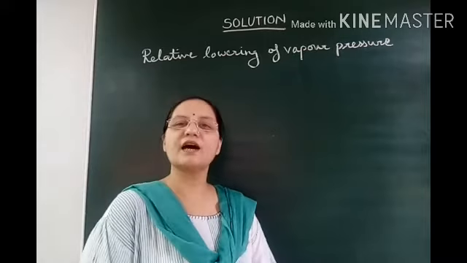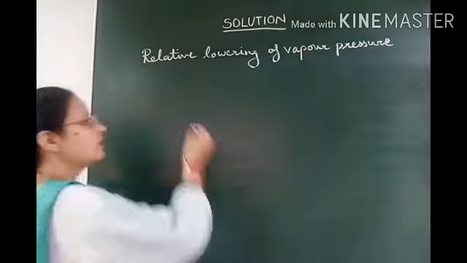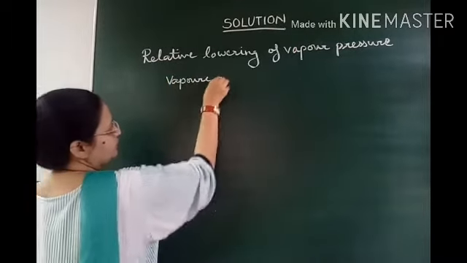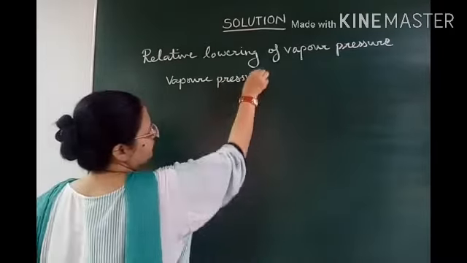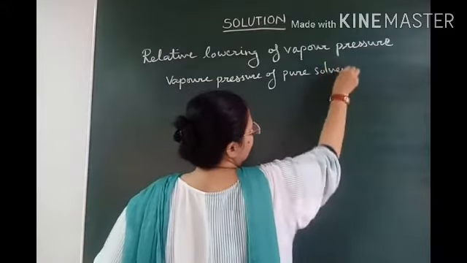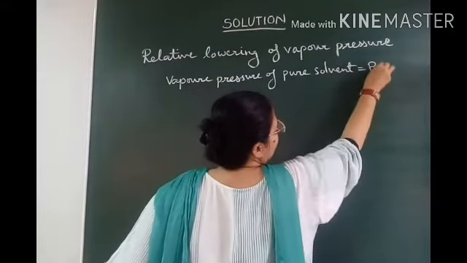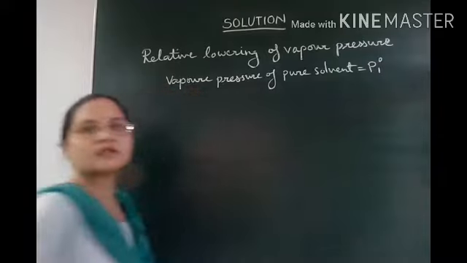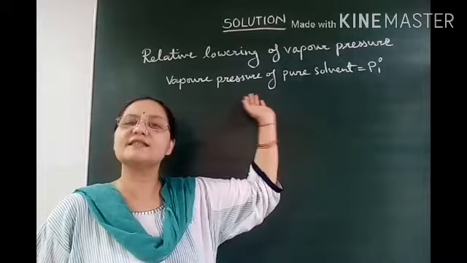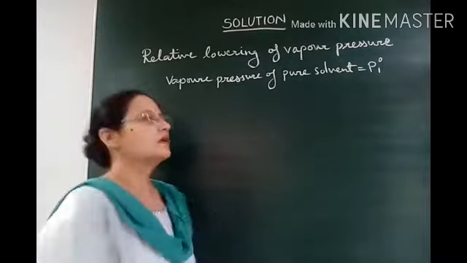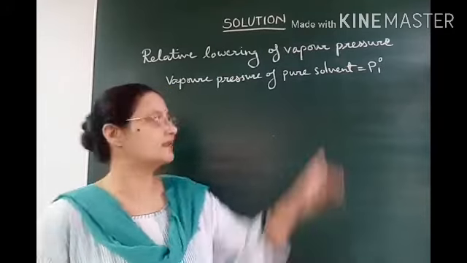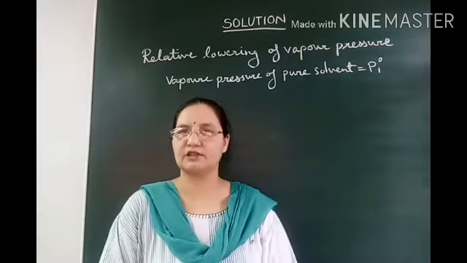Suppose we have a pure solvent whose vapor pressure is P1 naught, and after adding a non-volatile solute in this solvent, we get a solution.